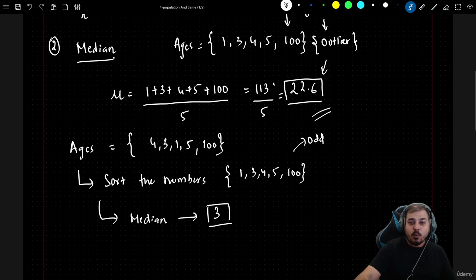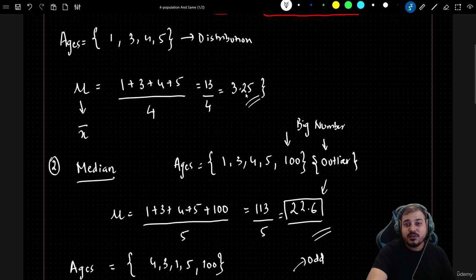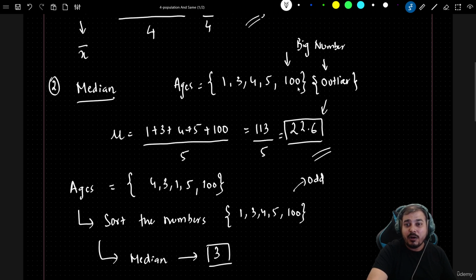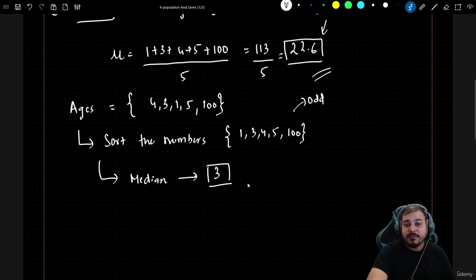Now understand why this will definitely work, because over here you can see my average was somewhere around 3.25, right? But here, even though the outlier or a big number was added, with the help of the median, since I picked up the central element, sorry, the central element over here will be 4. Just a small mistake. Okay, 4, right? Because this is my central element.